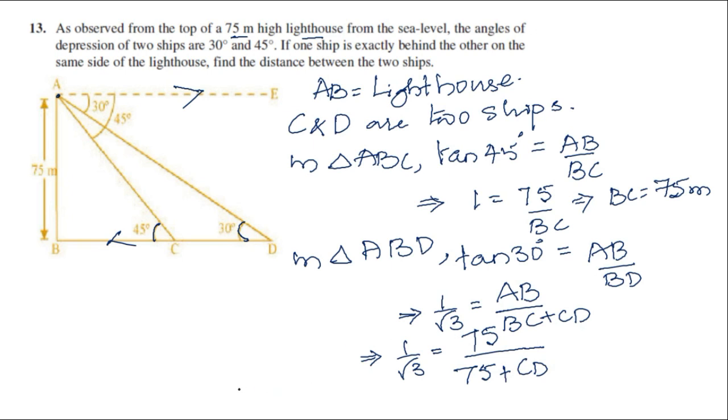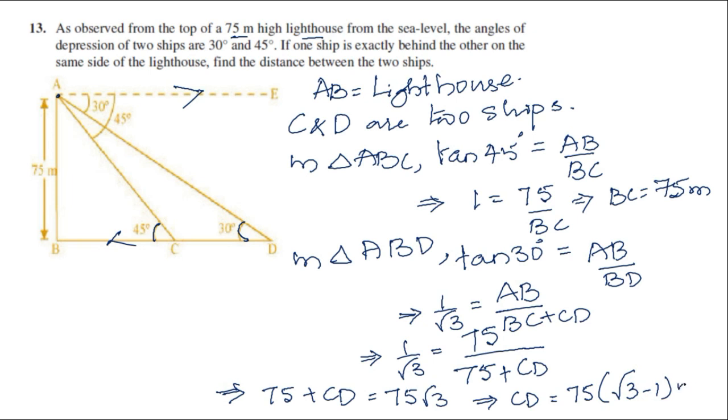Now do cross multiplication, we get 75 plus CD to be 75 root 3. Therefore, the length of CD is 75 taken common, root 3 minus 1 meters. This particular length CD is the distance between the two ships. So the distance between the two ships is 75 times root 3 minus 1 meters.